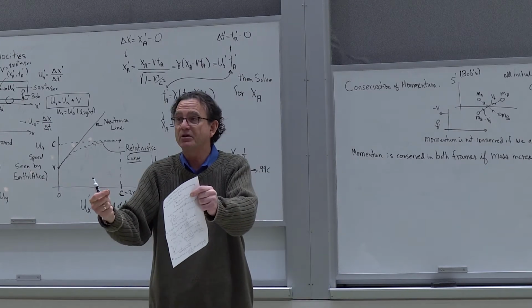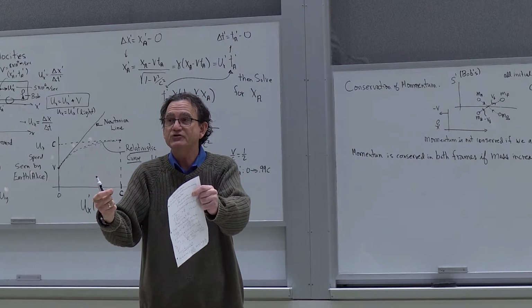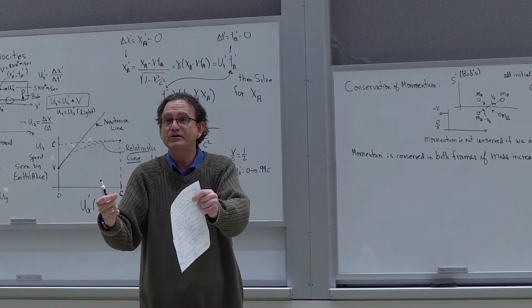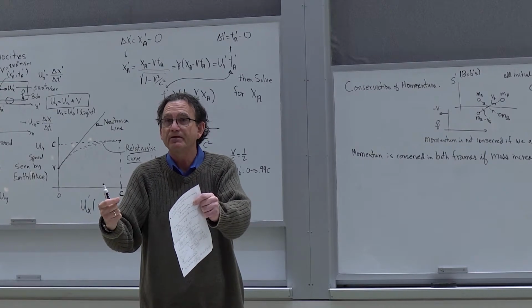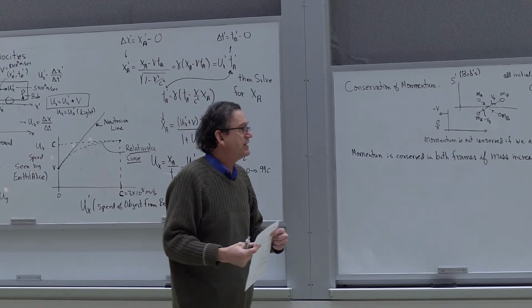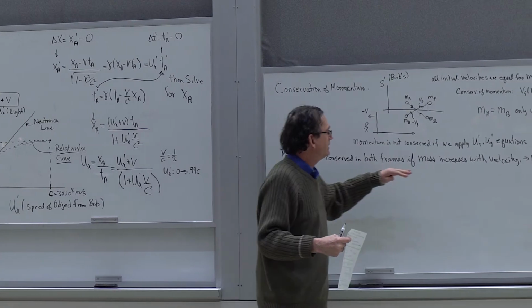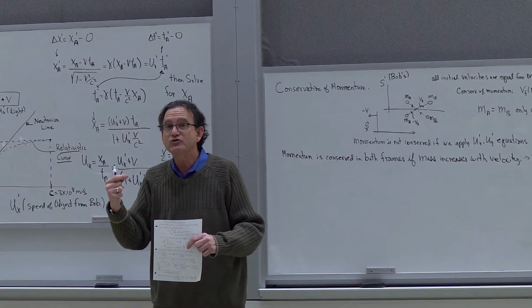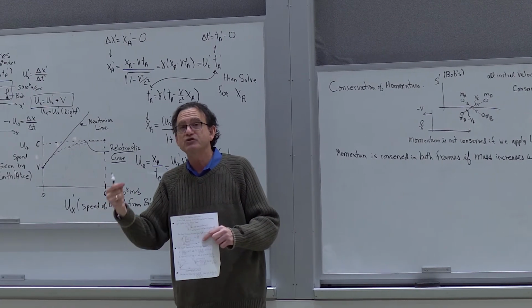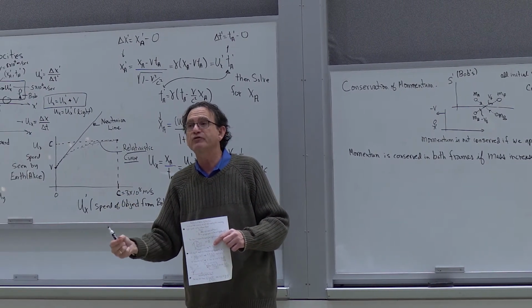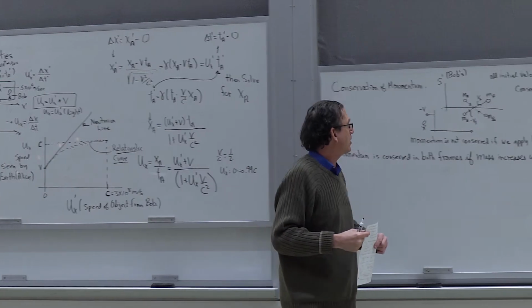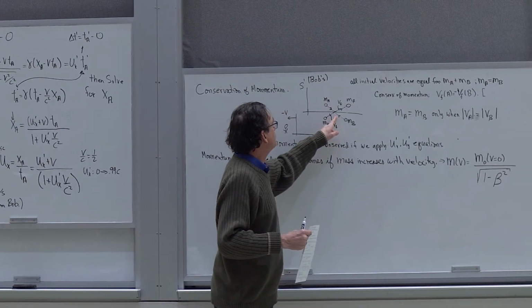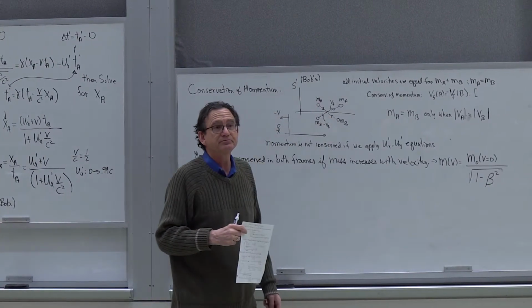Coulomb's law should still apply. Right? There's nothing special about the reference frame where these two particles are not moving. So we have the same principle going on here, that the mass is changing with velocity in order to make sure that conservation of momentum will work in every reference frame, regardless of how fast I'm moving relative to this experiment.